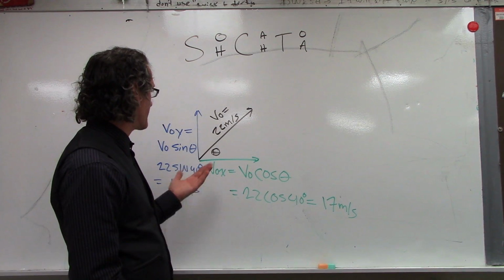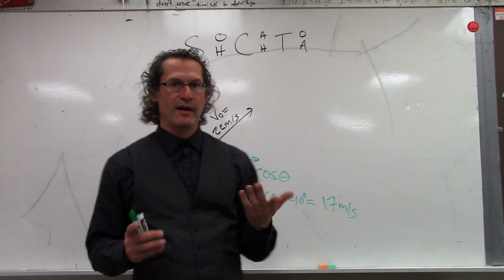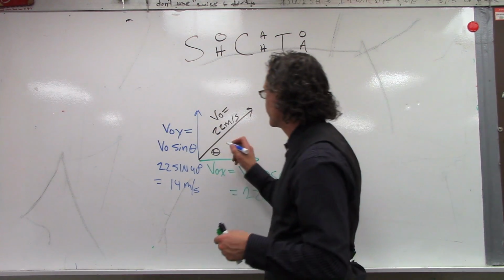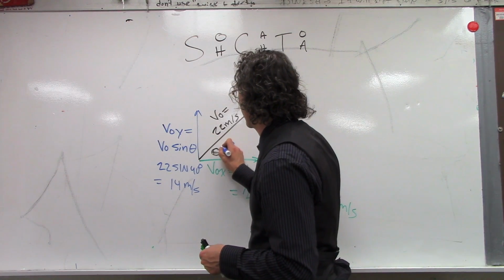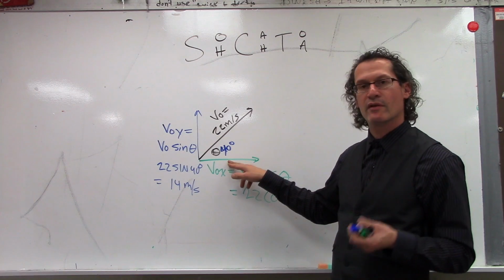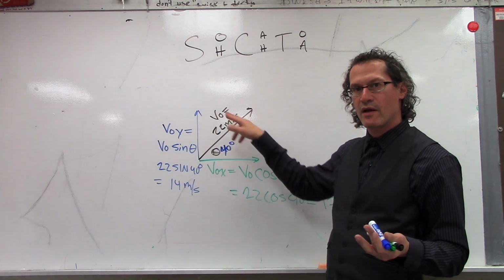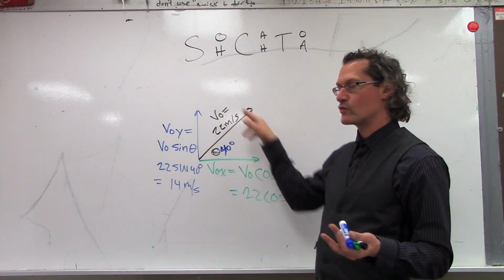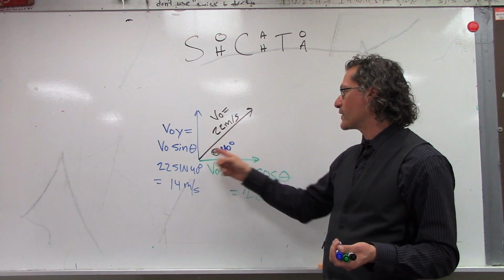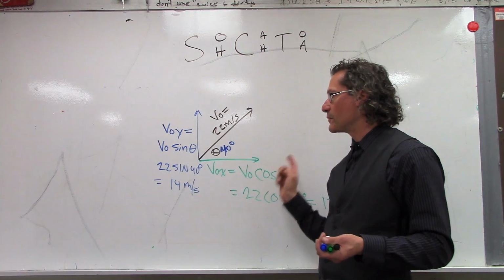So this makes a little bit of sense. Let's think about it, a little gut check here. If this is 40 degrees, then it's a little closer to the horizontal because we have a right angle of 90 degrees, which means that halfway would be 45. In that case, they'd be equal.